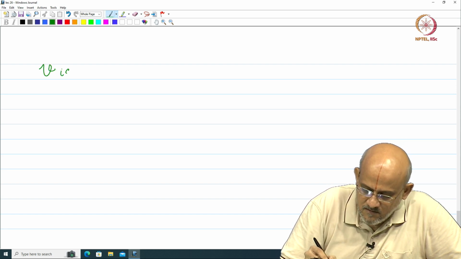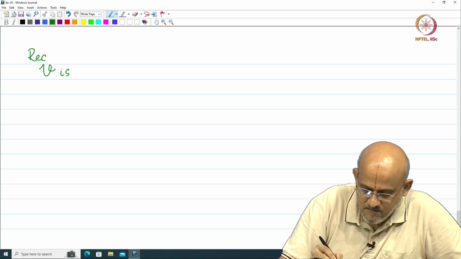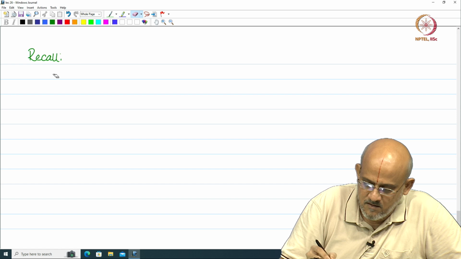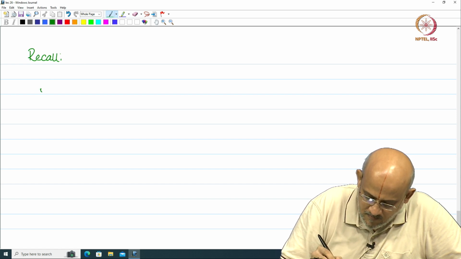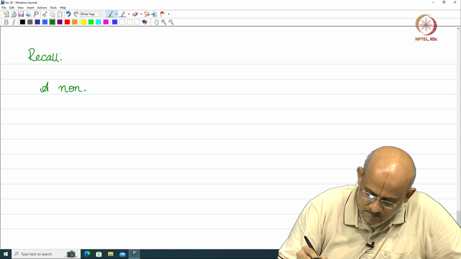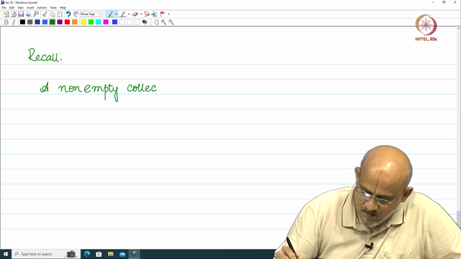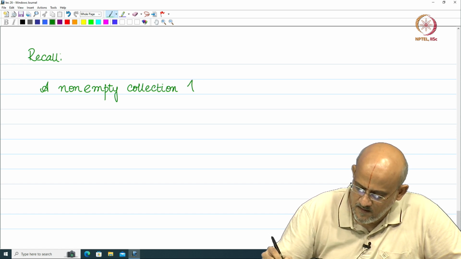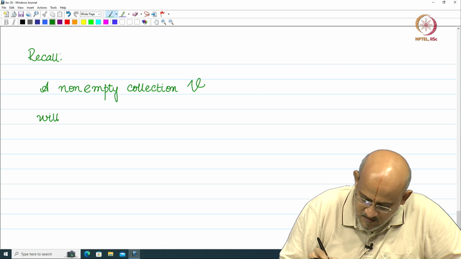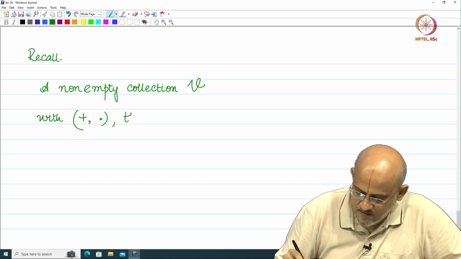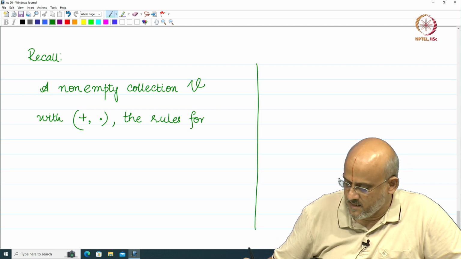Recall, V is any non-empty set, a non-empty collection V with plus and dot, the rules for carrying out vector addition and scalar multiplication.